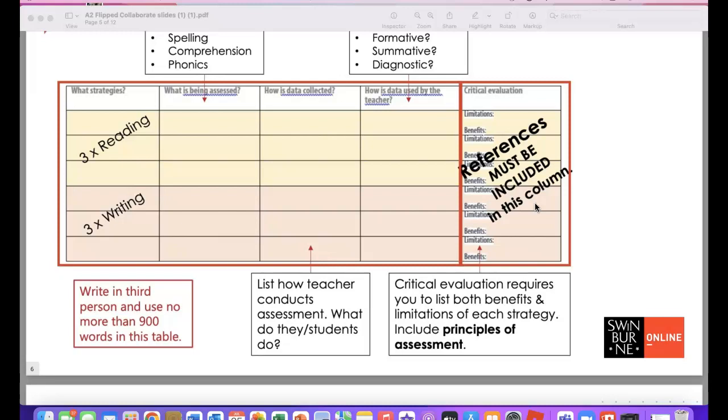What would be a higher quality limitation is to really think about the quality of the data that's being produced. So if we think about a running record and the fact that we are getting particular miscues and MSV analysis, how does that inform your teaching? How is that actually a benefit to have that information? Or is there anything that perhaps it's lacking?